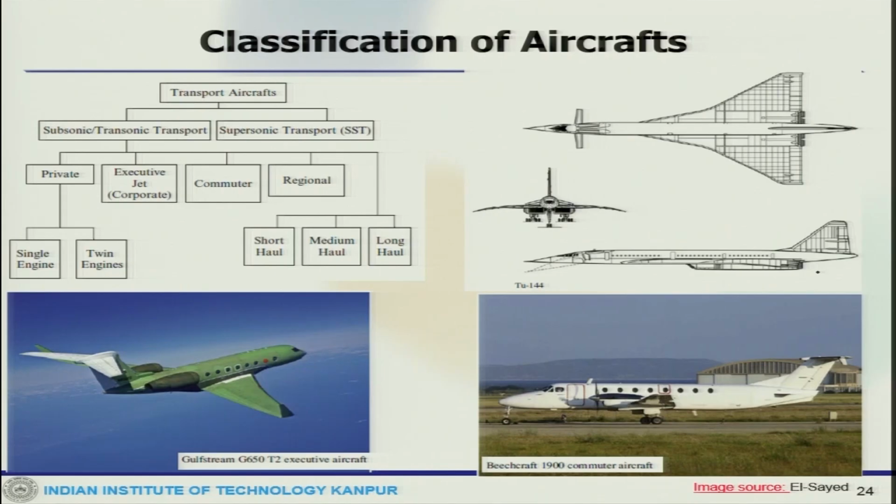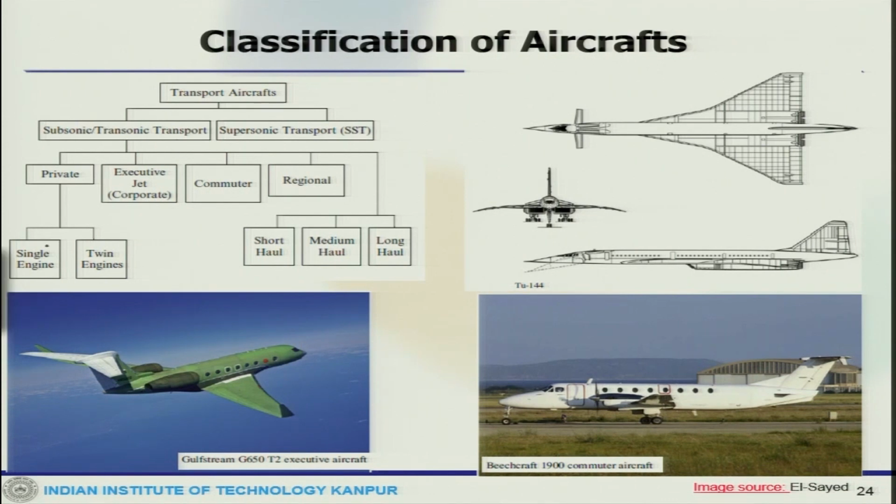This is the design of a Concorde. Concorde was there. This is the Tu-144 developed, and the first passenger flight of Tu-144 was in 1978, and the Concorde took its last flight in November 2003.